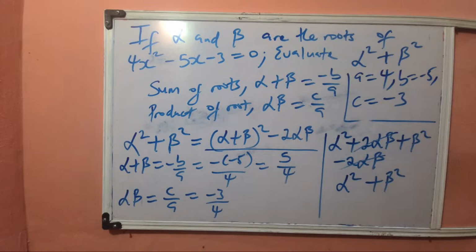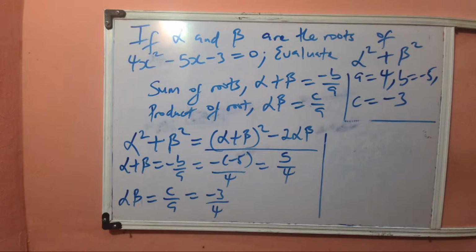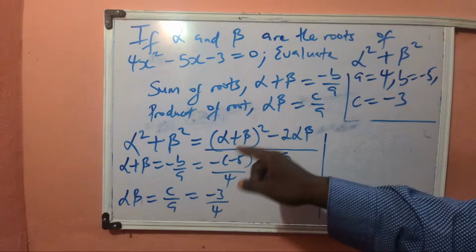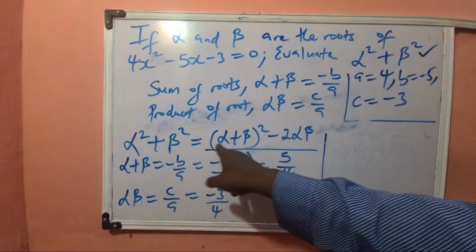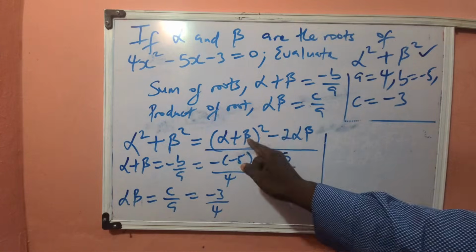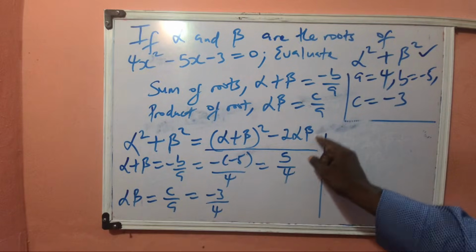Now, looking at this, I can go on to fix this into my equation. That's this particular side, alpha plus beta square, because the question told me to evaluate alpha square plus beta square, and alpha square plus beta square is alpha plus beta square minus 2 alpha beta. So whatever I got as alpha plus beta, I will fix in here, and whatever I got as alpha beta, I'll fix in here.